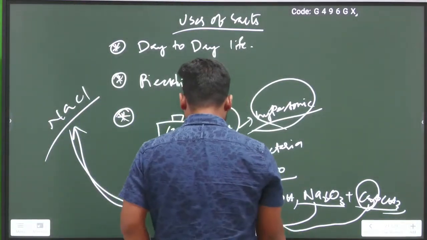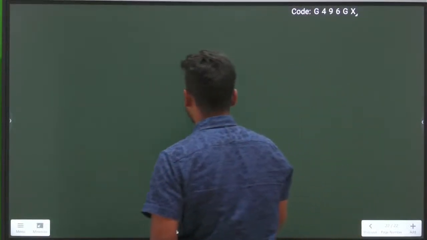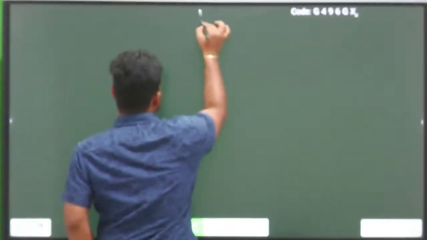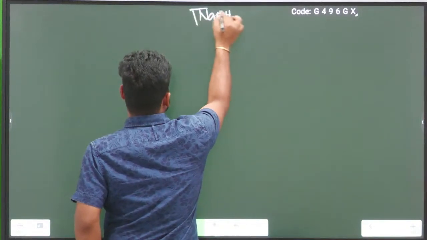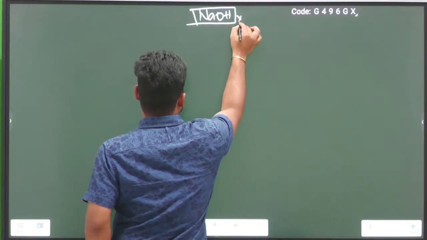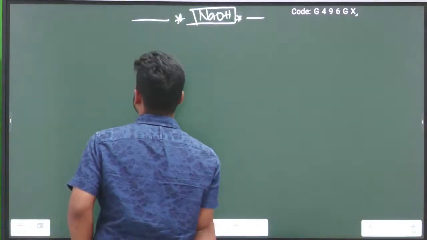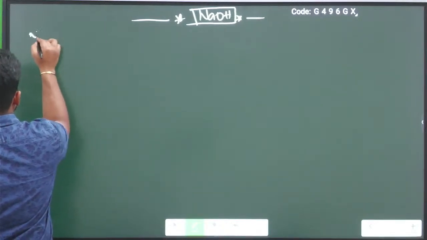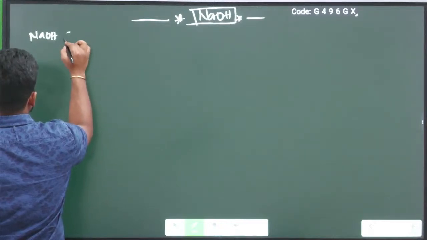Then we are going to discuss another topic, that is caustic soda. Some NaOH products, okay, what is this? A base. This base has many reactions. The first base prepared is caustic soda.